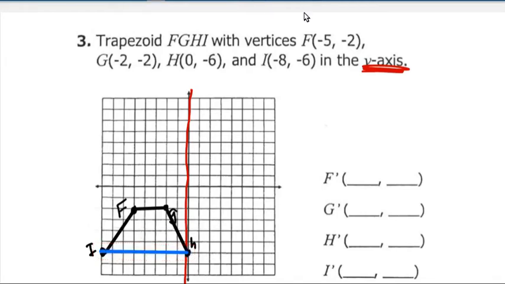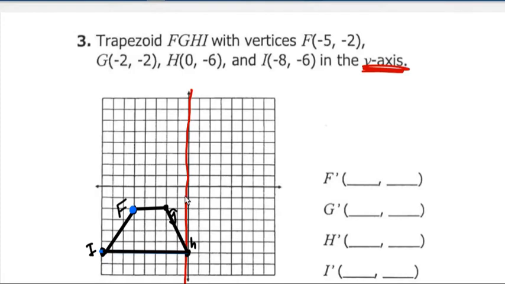Okay, so now we want to find our reflection. Our shape reflected over the y-axis. So remember, we're looking for the equal distance from the line of reflection.